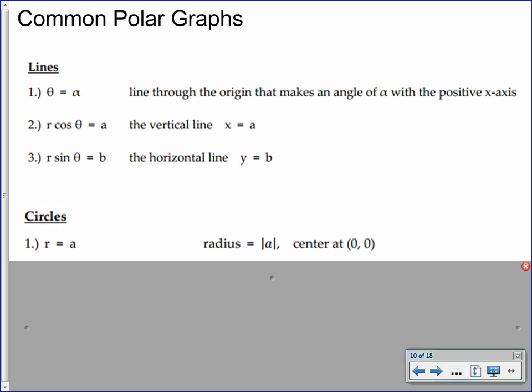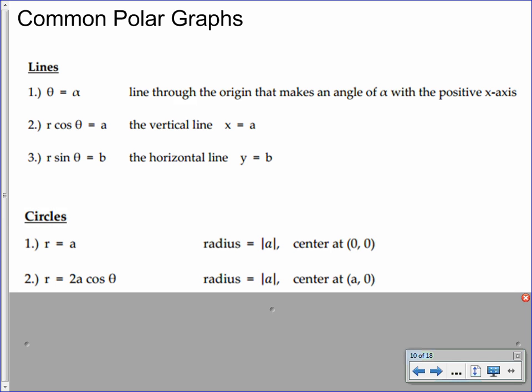So r equals a cosine theta. I put 2a here so that I could say the radius was a. So whatever this coefficient is really the diameter. If it is a cosine circle, then it's either to the right or the left of the pole.